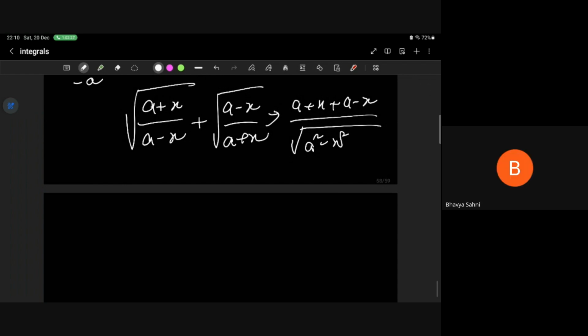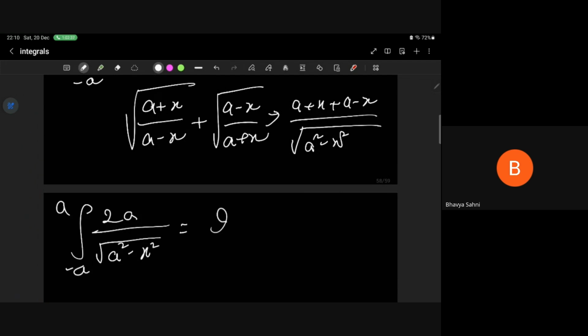Okay, so the integral of 2a upon root of a square minus x square from minus a to a. 2a. What is the integral of 1 upon root a square minus x square? Sin inverse x by a.